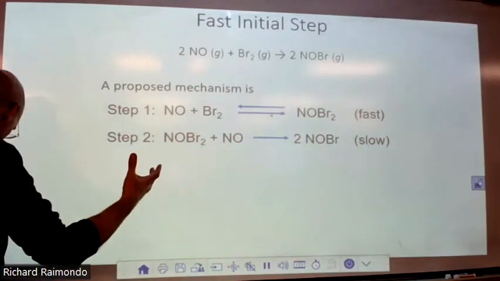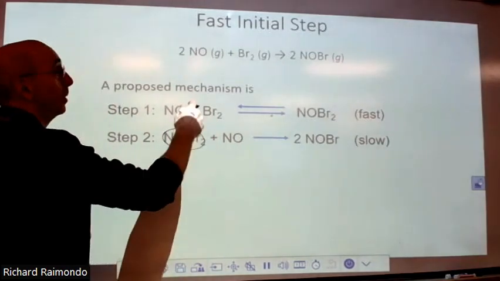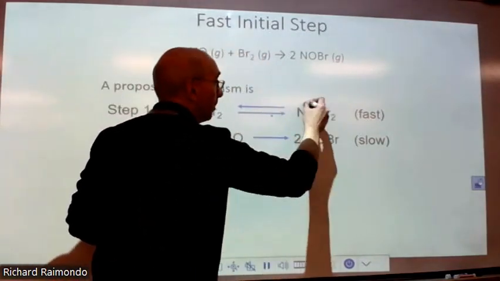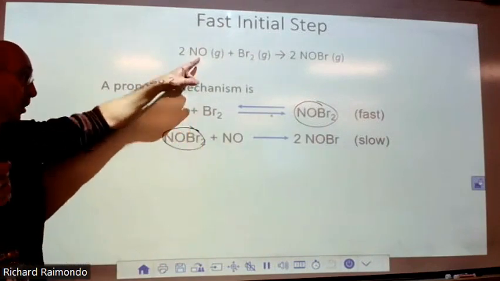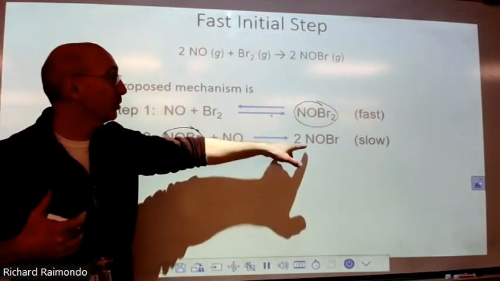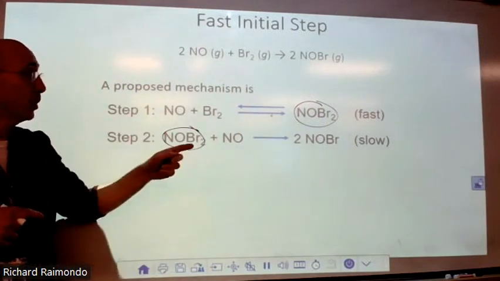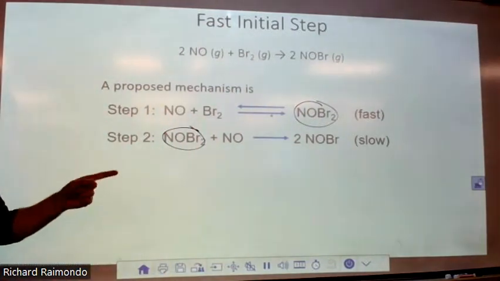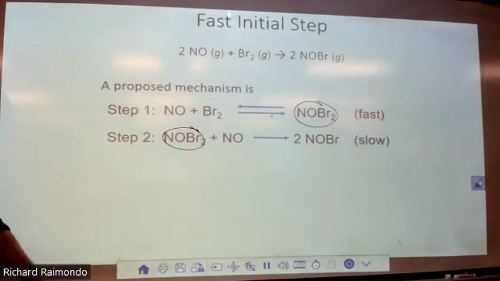What do we call that? That's an intermediate, right? So this doesn't really show up anywhere in here, but it happens. This combines with the second one of these and forms 2 NOBr. Now that's our slow step. So which one's determining how fast this goes? Step 2. It's the rate determining step because it's the slow one.